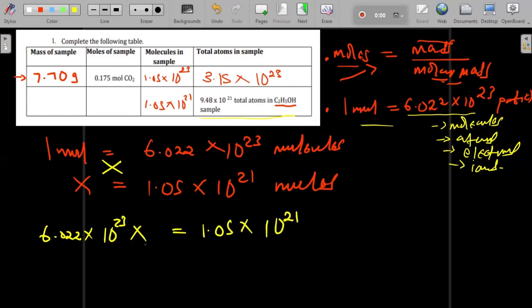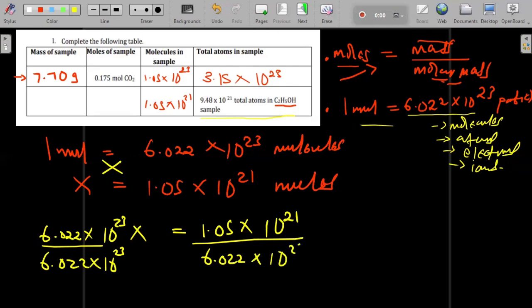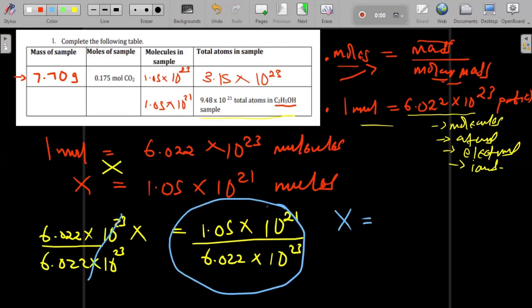We want to find the value of x, so we divide by 6.022 multiplied by 10 to the power 23. Even this side, we divide by 6.022 multiplied by 10 to the power 23. On the left-hand side, this is going to cancel, so we are just remaining with x equals, and then we divide this now.